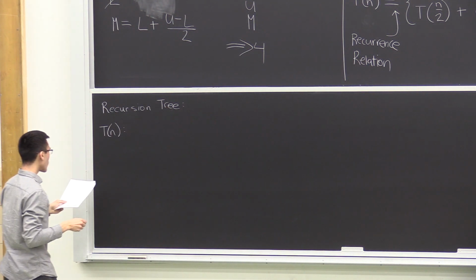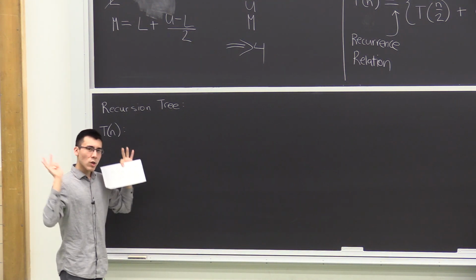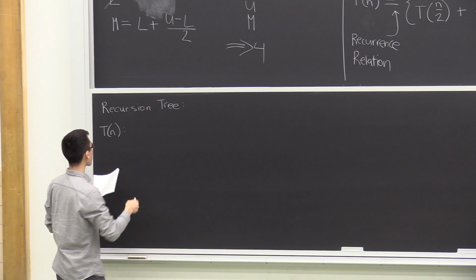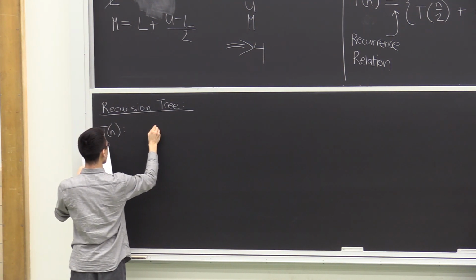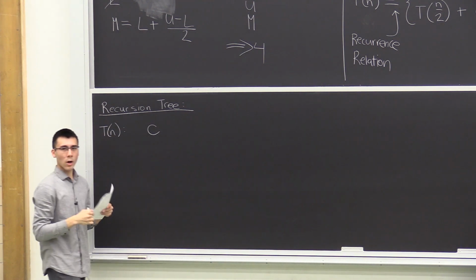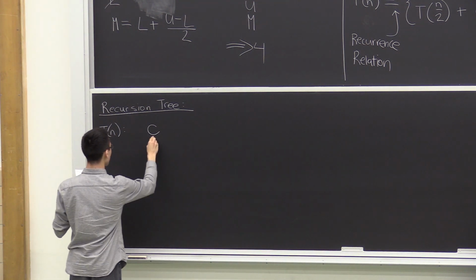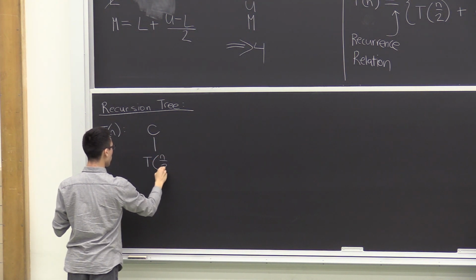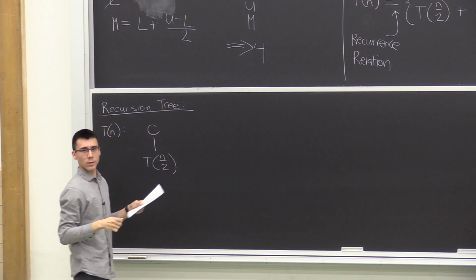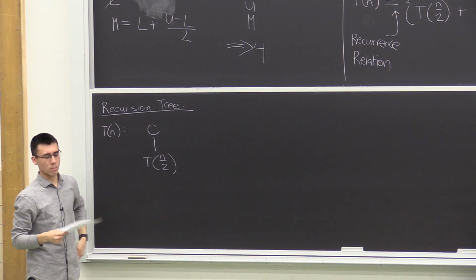So we have T of n, we know that, from looking at a top-down perspective, T of n consists of c operations. But in addition to those c operations, it's also going to have T of n over 2 operations, right? So adding up c and T of n over 2.